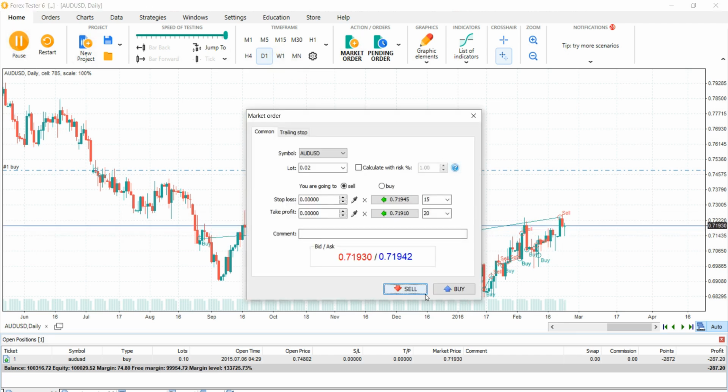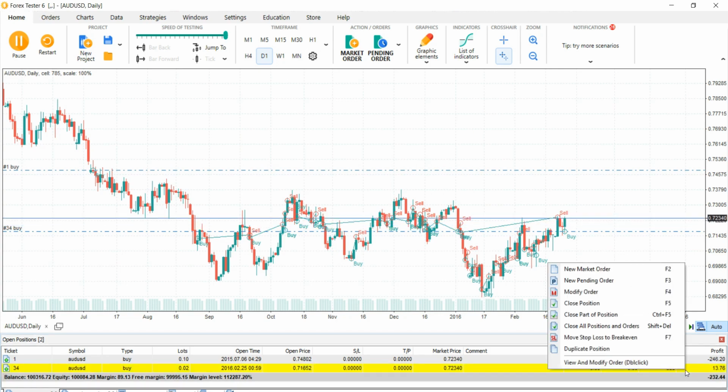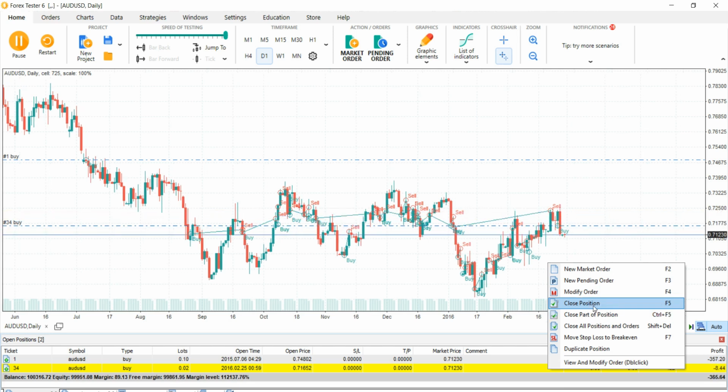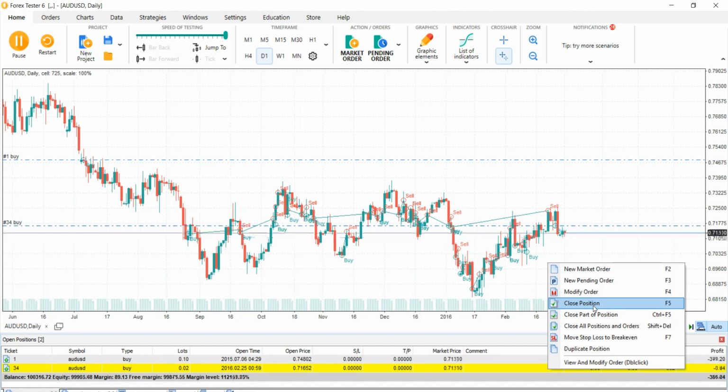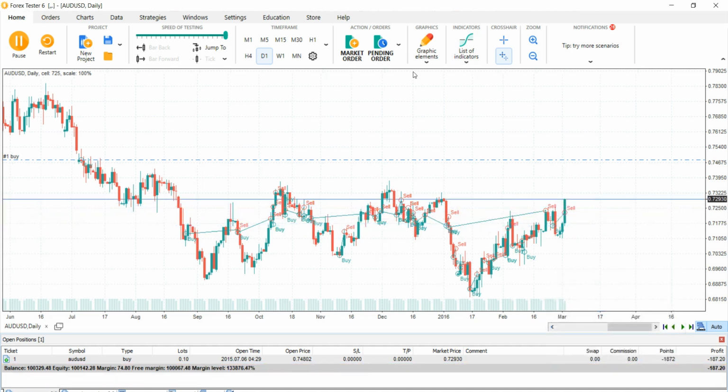I'm going to take a long there. And still momentum, so I'm holding. Another push to another local high and I'll kill it. Like that. There you go, out.